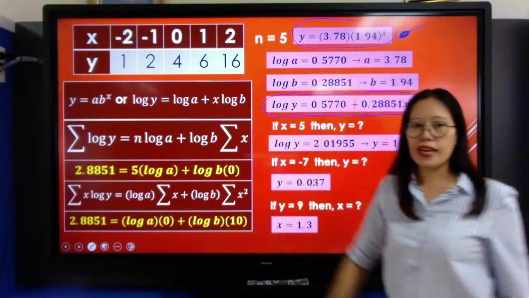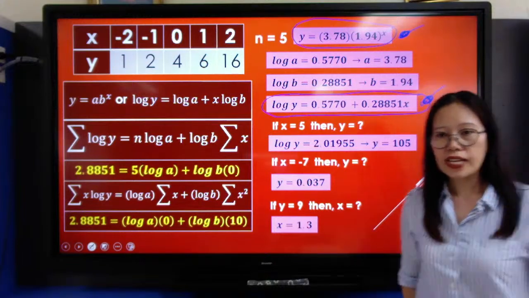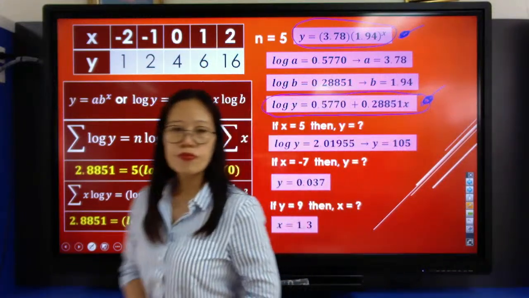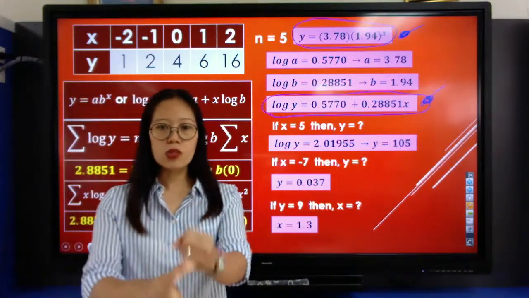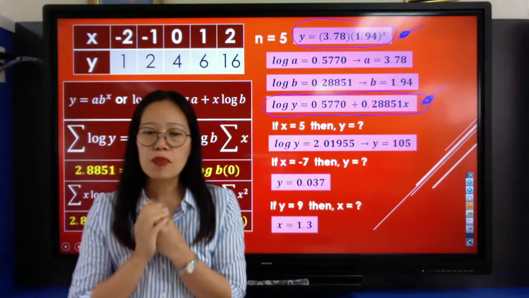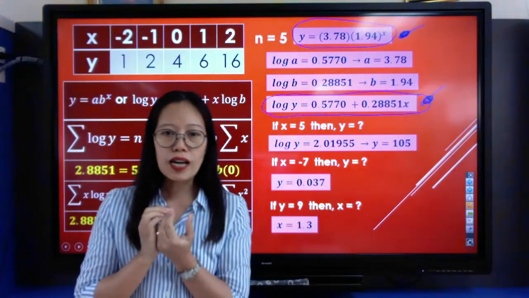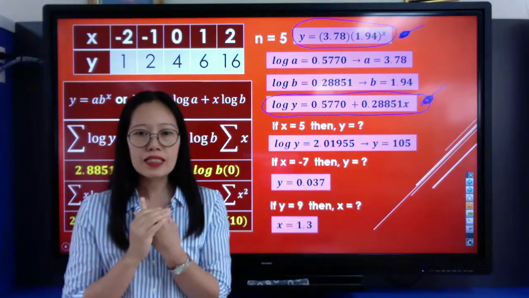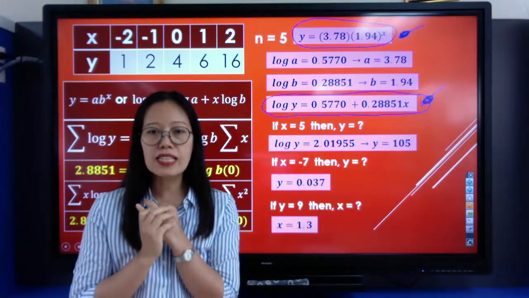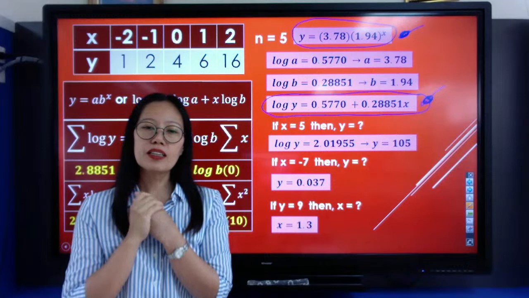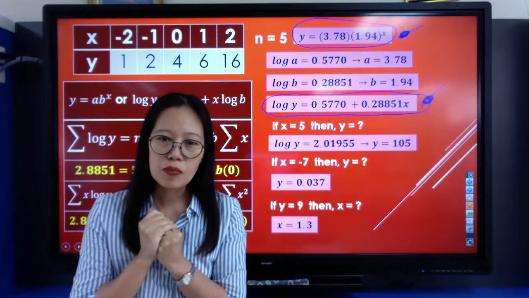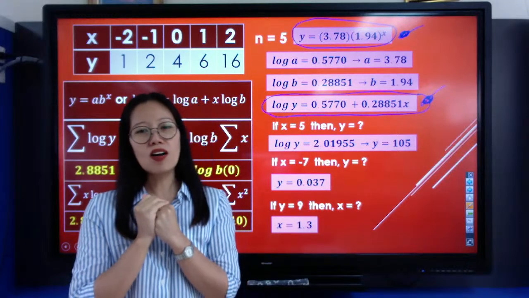Okay, yes, right? So again, step number 1, you have to graph. What's step number 2? We need to find the normal equations. Yes. Step number 3, we need to make a table.